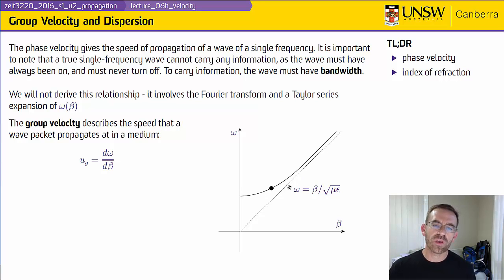What I'm showing you here is the dispersion diagram, the relationship between omega and beta for a waveguide. We will derive this in lecture 9 or 10, when we talk about propagation in rectangular waveguide. But this is what the relationship between omega and beta is.